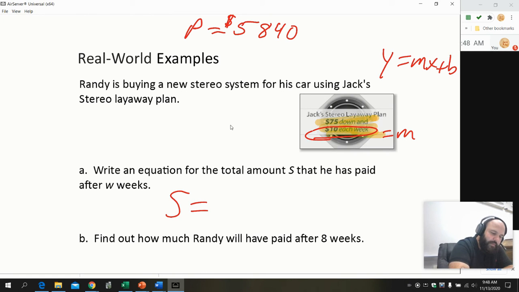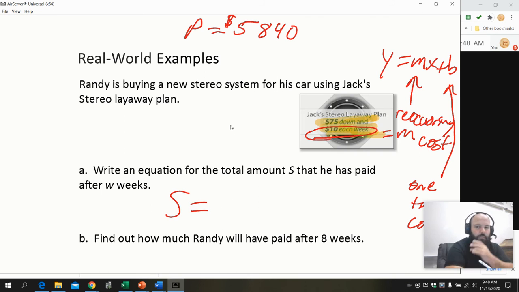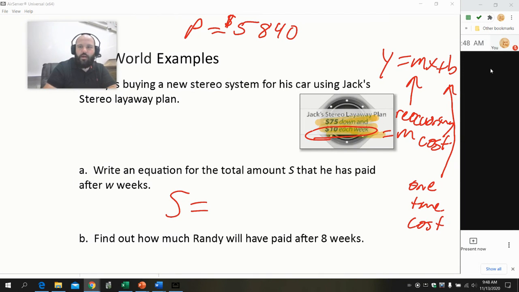This is the reoccurring, if I can spell reoccurring correctly. So M is the reoccurring cost. B is the one-time cost. So it's important to keep that in mind as we're working through these problems, which number goes where.